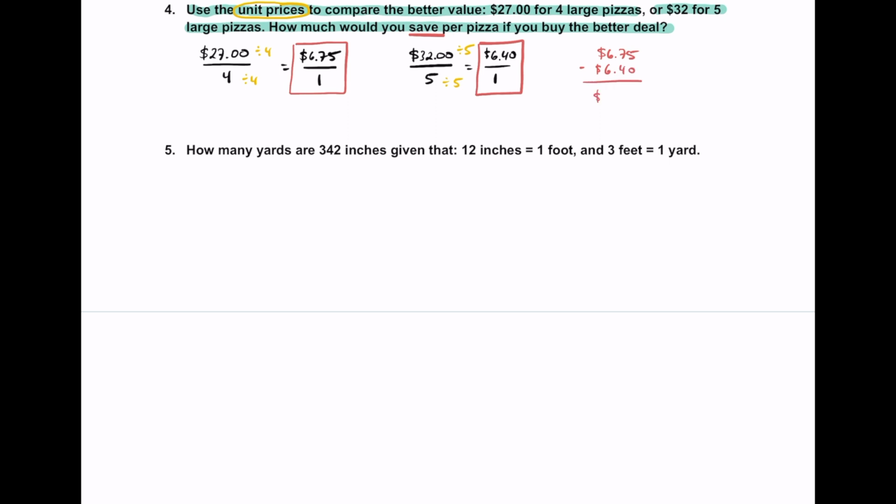And if we do that, we're going to see that there is a 35 cents difference per pizza. It's only per 1 pizza, but if you eat a lot of pizza across a lot of weeks or months or years, you'll save some money between these 2 pizzas. Okay, so in terms of which one's the better deal, the better deal is if you were to buy the 5 pizzas and spend the $32.